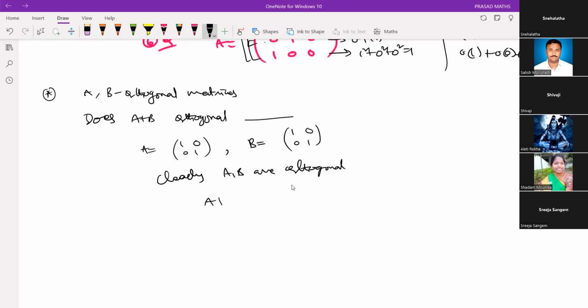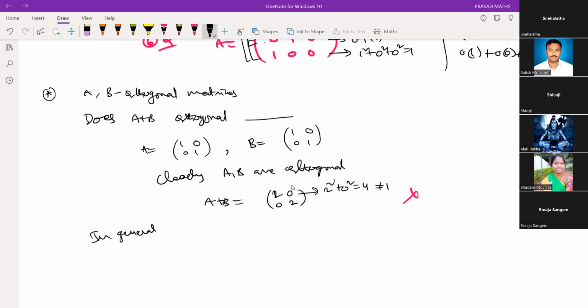Look at the sum. What is my sum? 2 0 0 0 2. So it fails to satisfy the first property. 2 square plus 0 square is equal to 4, which is not equal to 1. Hence it is not orthogonal. In general, what do you conclude?